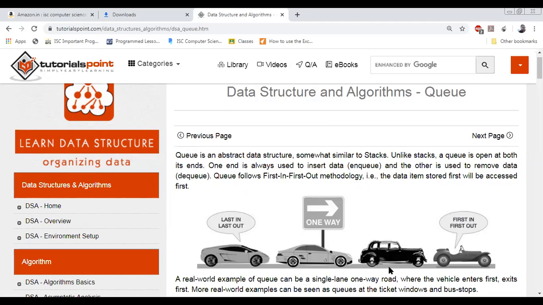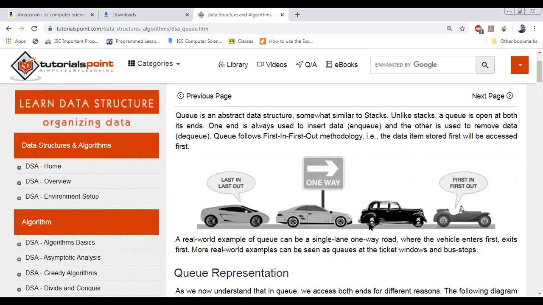Here is a picture that is given here. This is a car parking zone. One car has entered. There are multiple cars parking here. As we can see from the diagram, this car has entered first, so this car will move out first. You cannot take out any car from the middle of them.